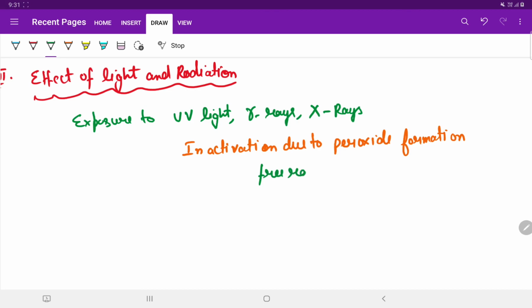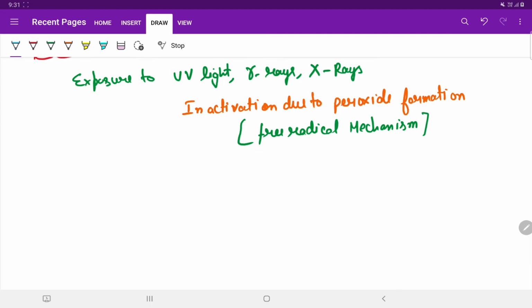A free radical mechanism leads to inactivation of enzymes. For example, UV rays inhibit salivary amylase activity.